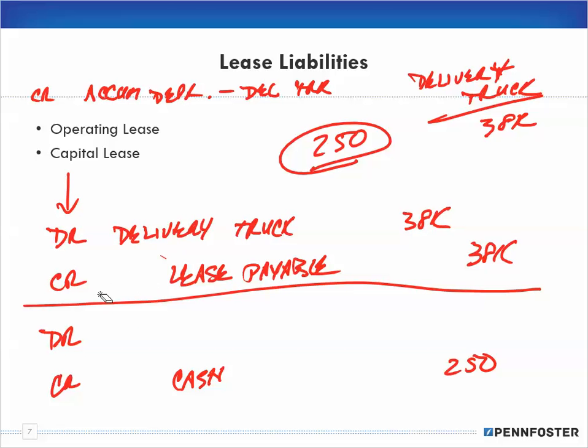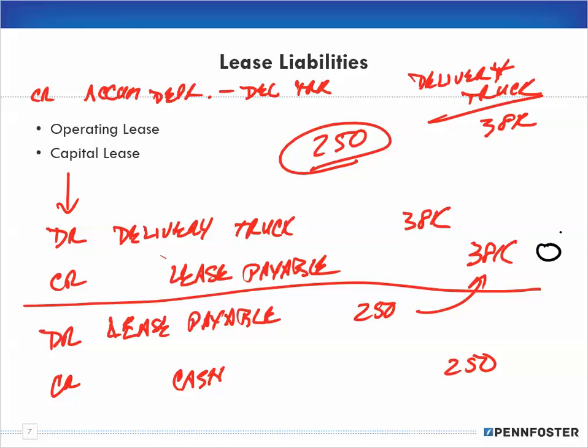So we have to debit our lease payable account for the $250. And so that's our entry. And of course that offsets this. So every time we make a payment, that's going to reduce our payable until it actually gets down to a balance of 0. Okay.